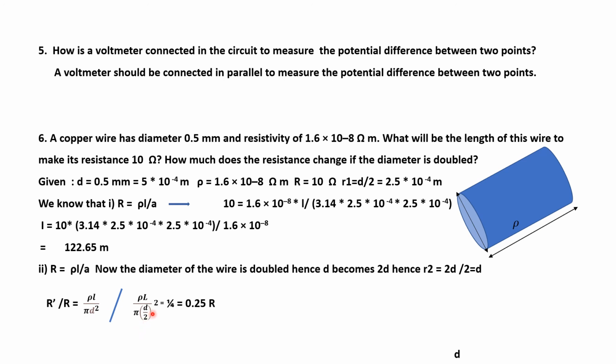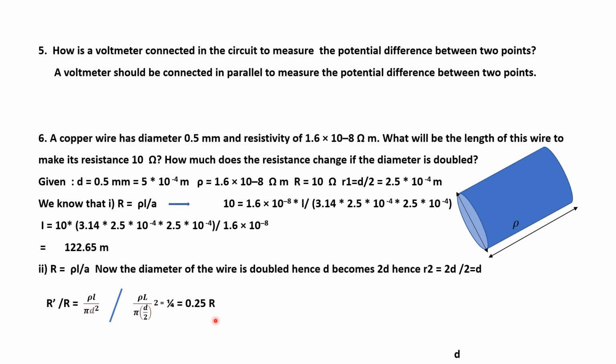So d by 2 square, and rho L gets cancelled, pi gets cancelled, and we get R dash divided by R is equal to 1 by 4. That is, R dash is equal to 1 by 4th of original resistance, that is 0.25 times R.